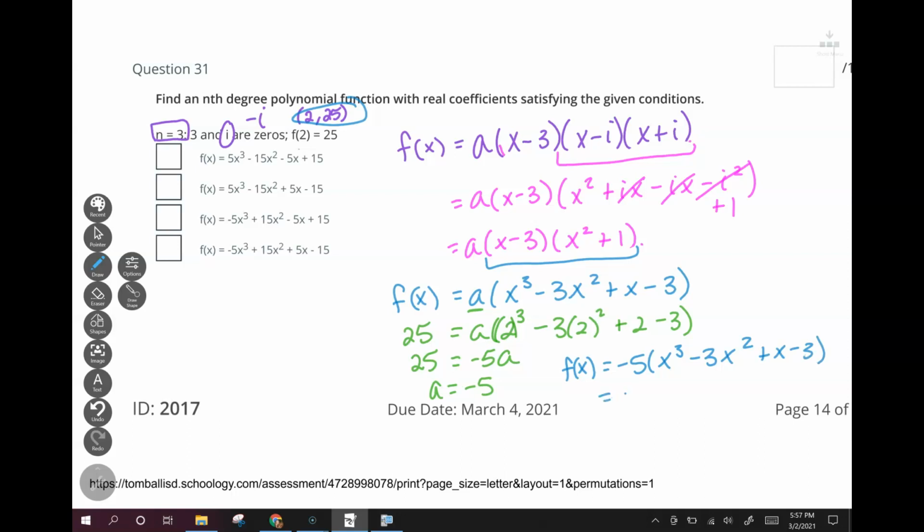And we'll distribute the -5 to get our final answer. Okay, so -5, so that cancels those two. And plus 15x squared minus 5x. So it looks like C is my answer on that one.